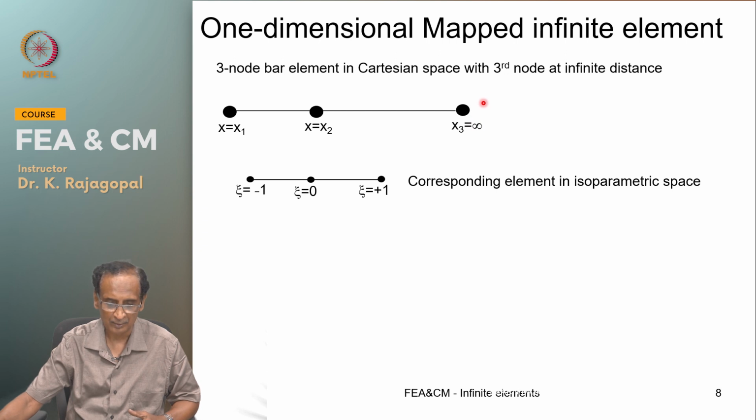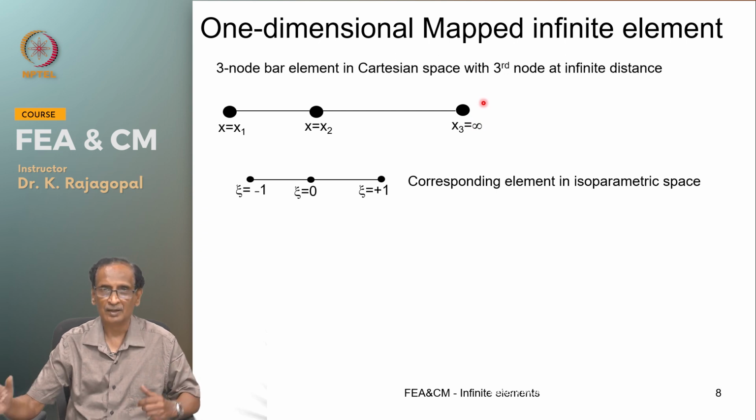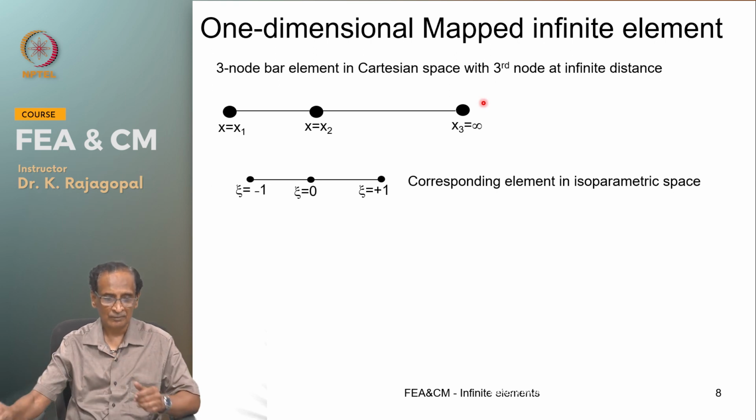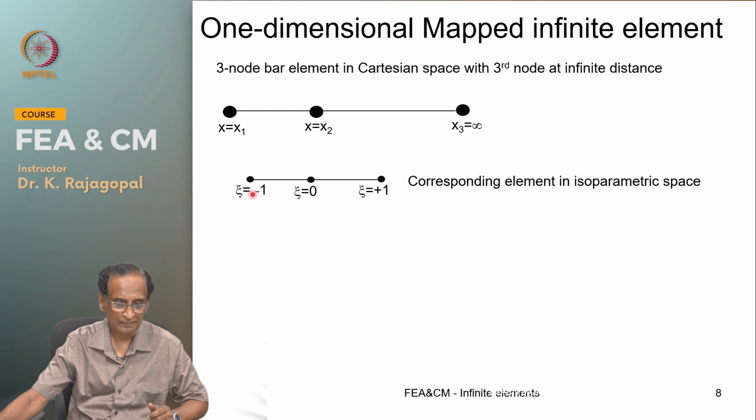This is the Cartesian space, but the corresponding isoparametric element will be only in the space of -1 to +1. So, we have 3 nodes, one at xi of -1, one at 0, and one at xi of +1, and the node at xi of +1 is the one at infinite distance.